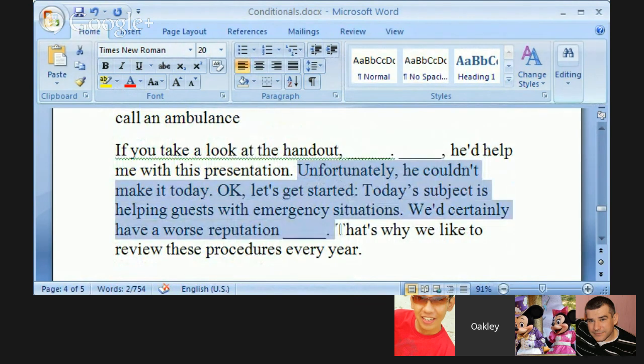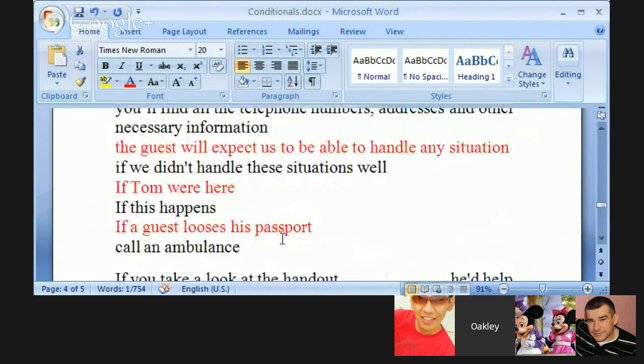Odie, go ahead. I'll give you a chunk to read here. Unfortunately, you couldn't make it today. Okay, let's get started. Today's subject is helping guests with emergency situations, which certainly have a worse reputation. It's going to be an if clause.